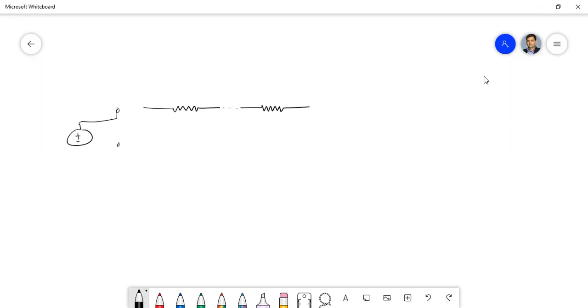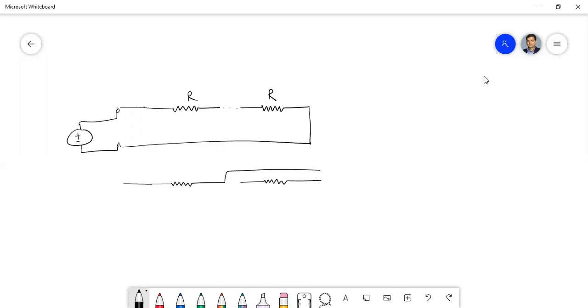Suppose this is my voltage source, and if I connect these two in series, so this is one possibility. Another possibility is if I connect these two elements in parallel. So these are the two possibilities by which I can get different amounts of heat.